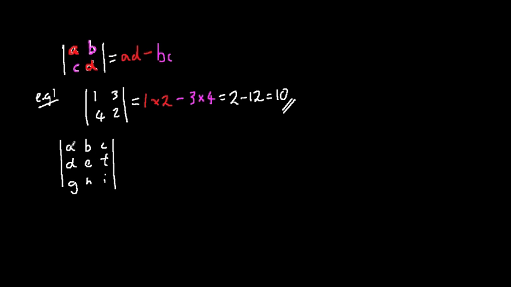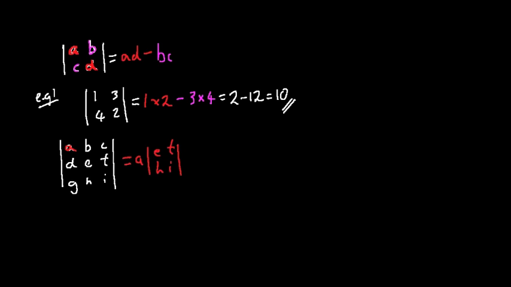We take the elements in the top line, and for example the first element is A. I ignore all the elements in the column of A, and I'm interested in the submatrix E, F, H and I. So we take A and multiply it by the determinant of the 2 by 2 matrix E, F, H and I. That's the first bit done.